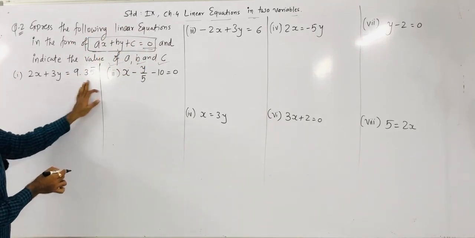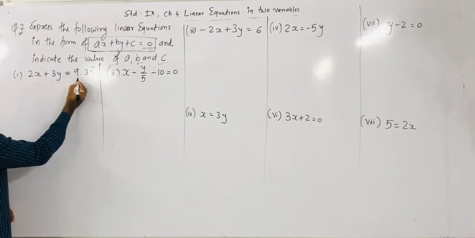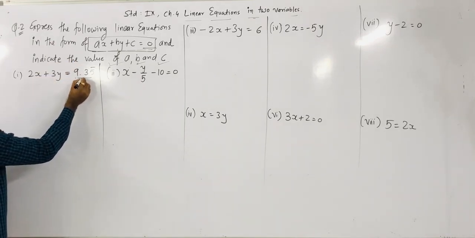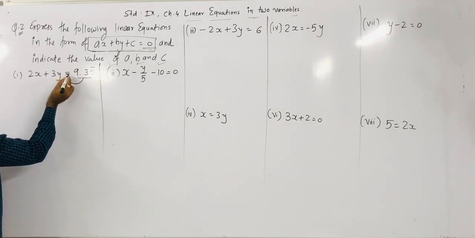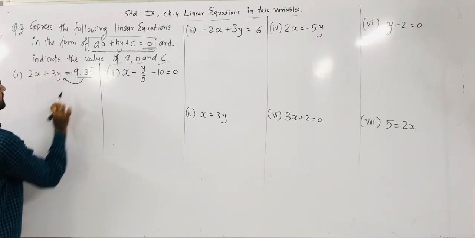Here you can observe the first question: 2x plus 3y is equal to 9.35 bar. We have to take that 9.35 bar to the left hand side, and on the right hand side its sign is plus.